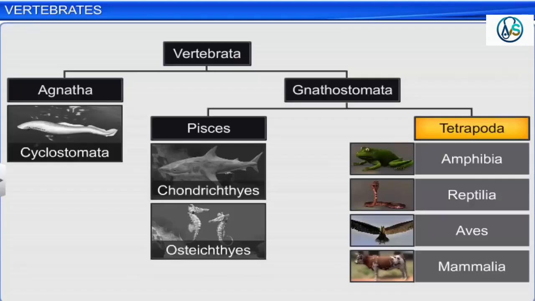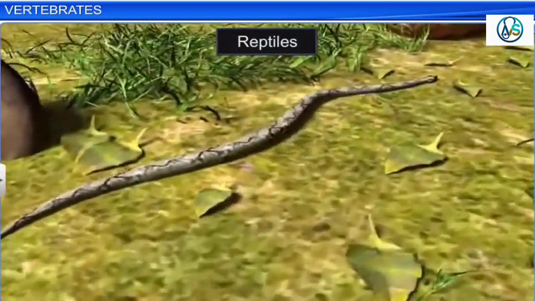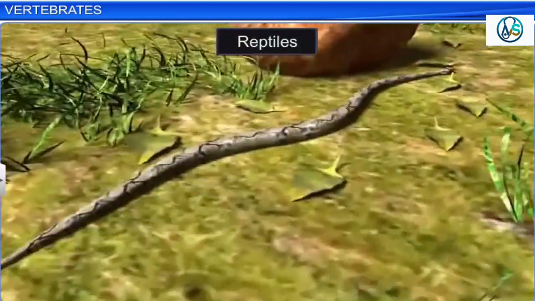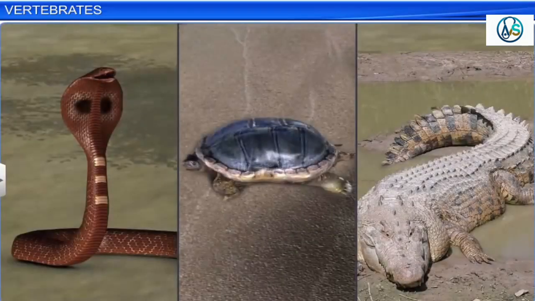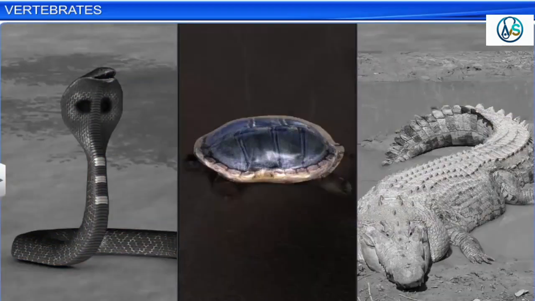The next class, Reptilia, includes animals that creep or crawl. Reptiles are largely terrestrial animals, and their body is covered by dry and cornified skin and epidermal scales or scutes.